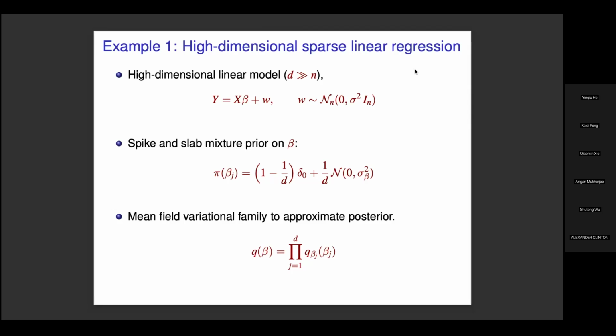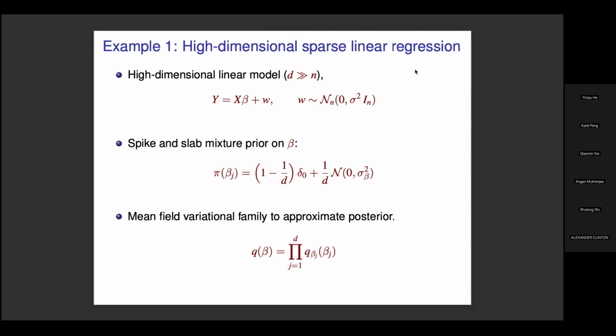A natural prior distribution that encourages sparsity is the spike and slab prior: with an overwhelmingly large probability, we set beta j to 0, and with the remaining probability it is drawn from some distribution, which we call a slab distribution. We are just going to focus on the normal here.